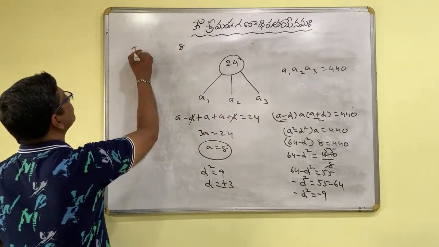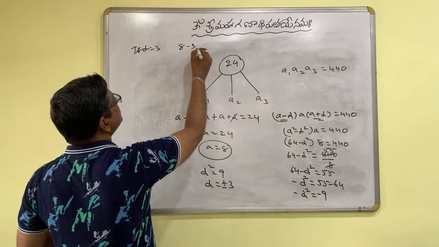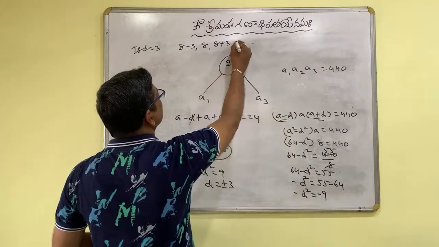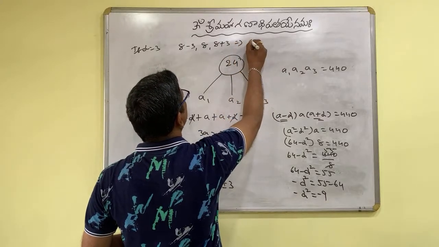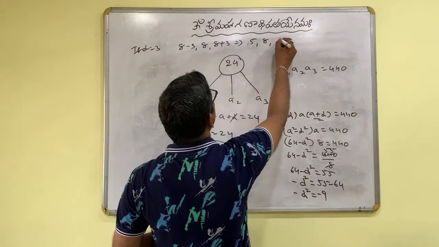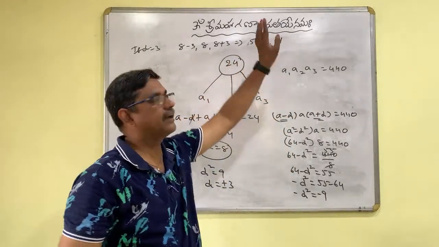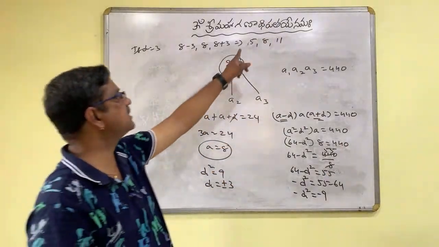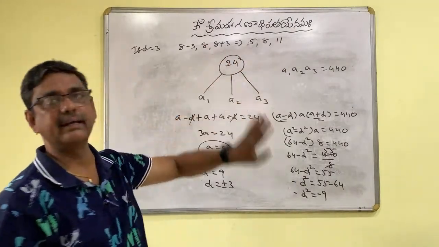If D is positive 3, 8 minus 3, 8, 8 plus 3, which is 5, 8, 11. 5, 8, 11 are the three terms that are in AP and their sum is 24. 5 plus 8 is 13, 13 plus 11 is 24.